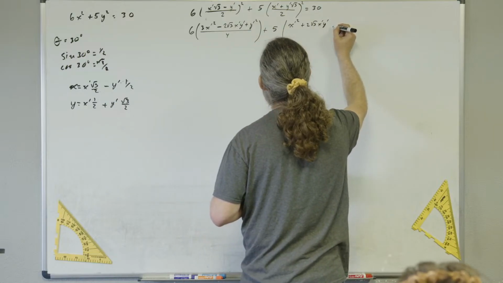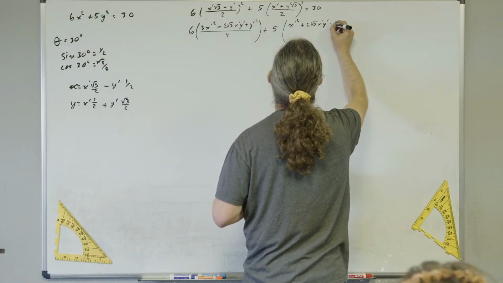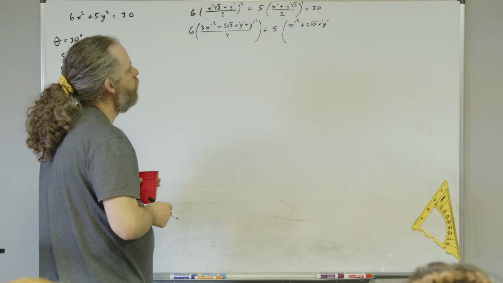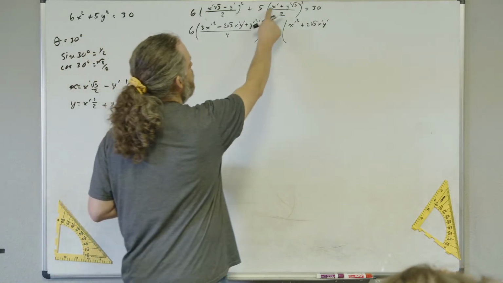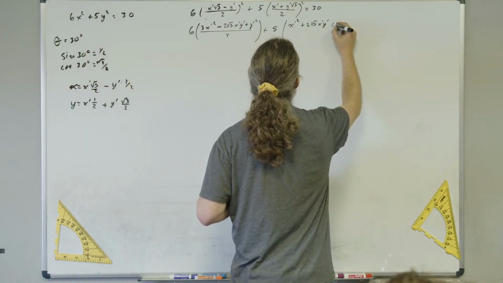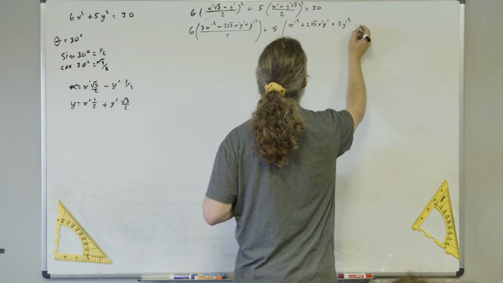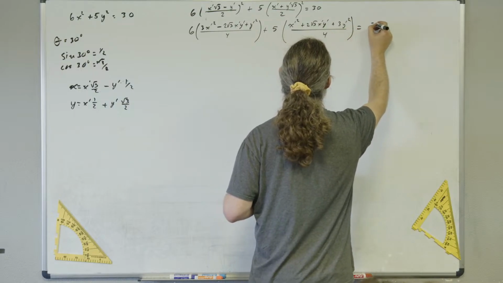Why is it 2 square roots of 3? Because the middle term is 2ab, 2 times this, plus 3y prime squared, all that over 4 equals 30.